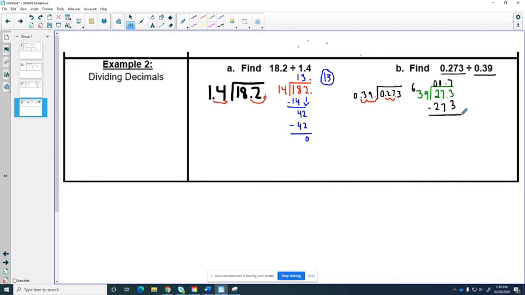And when we subtract, we get 0. So our quotient is, I'm only going to use 1 zero, 7/10.